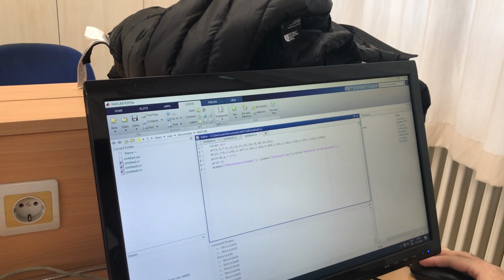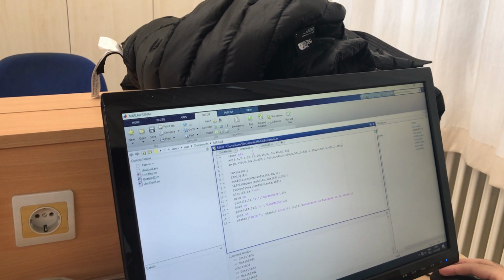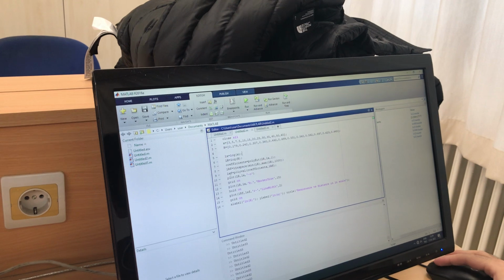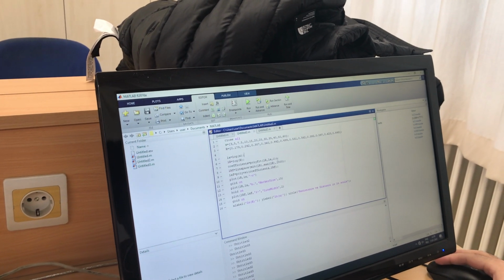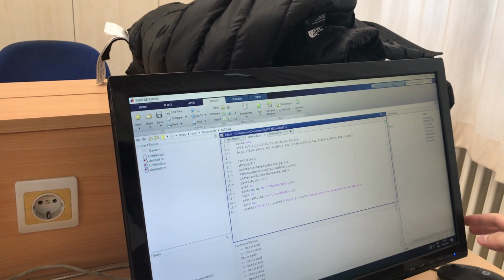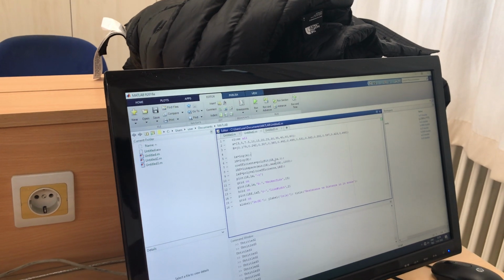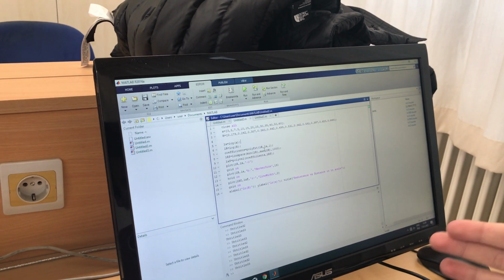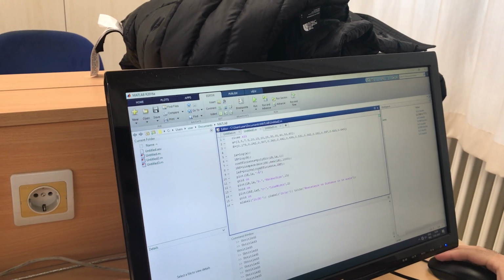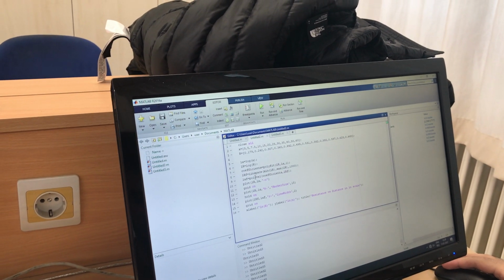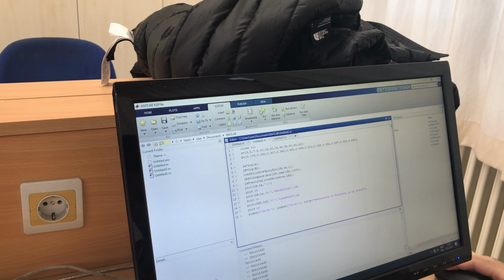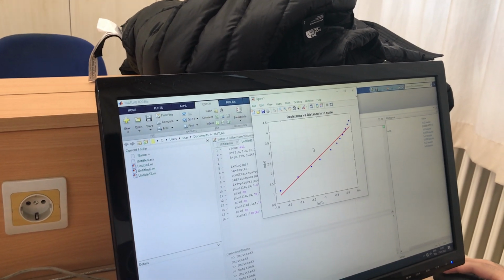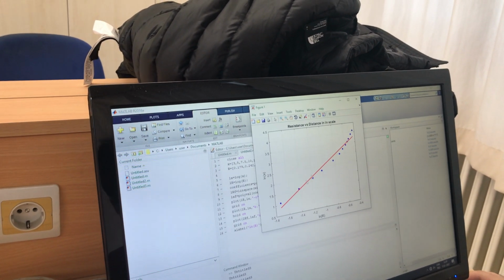I will use the natural logarithm for it. You can use any base. Here is the code for it, and for every data point I measured, I plot the baseline for it, and I use the polyval and polyfit functions. So let me run this code, and I got something like this.